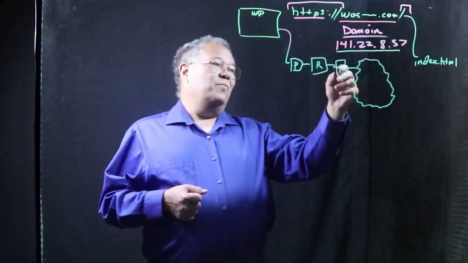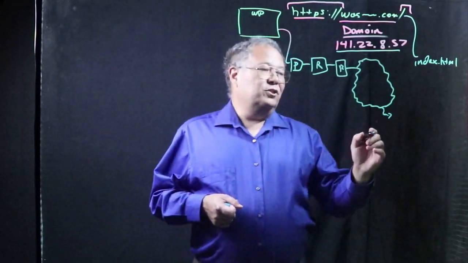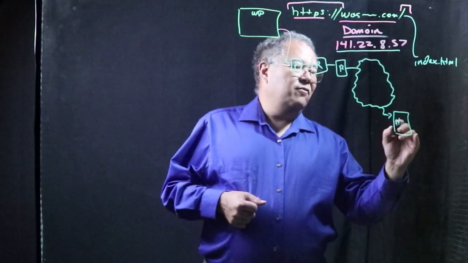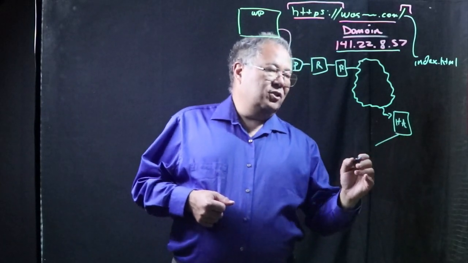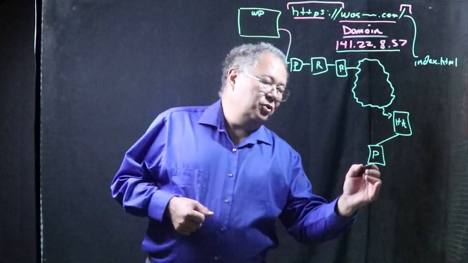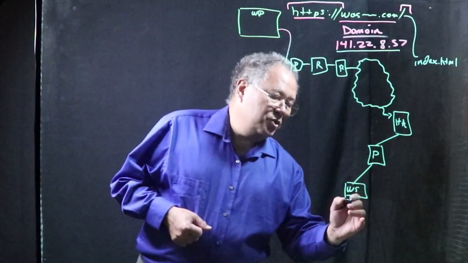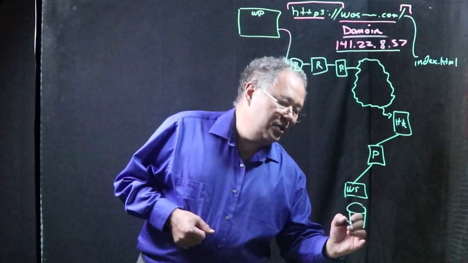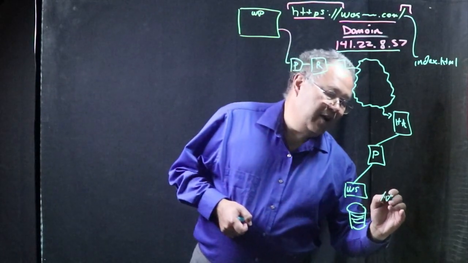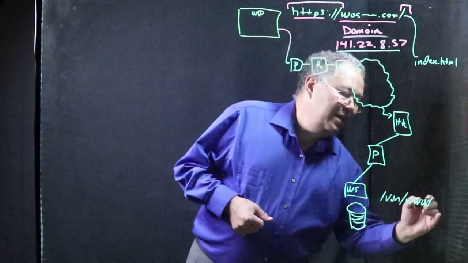Okay, the frame cloud does some magic routing, and somewhere else out of the frame cloud comes, yes, your information to a proxy, probably something like high availability proxy, HA proxy, and that proxy goes out to another proxy, a load distribution proxy, and that proxy goes out to a web server, and the web server is attached to a computer with a file system, and it says, okay, at some location in the file system, like var www, do I have a file named index.html?